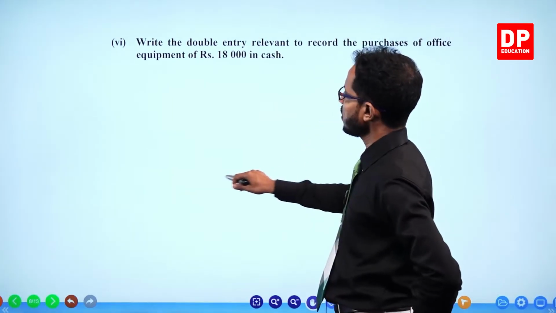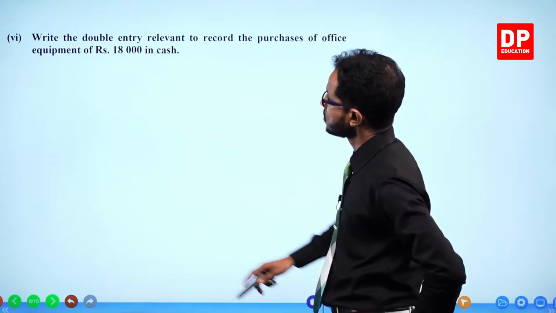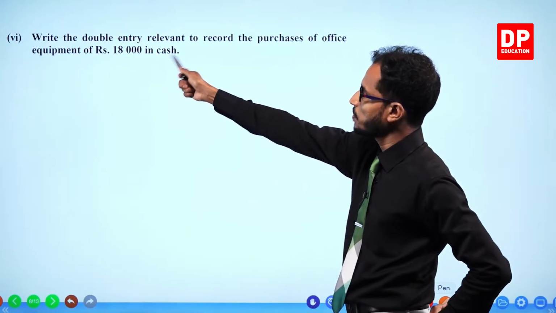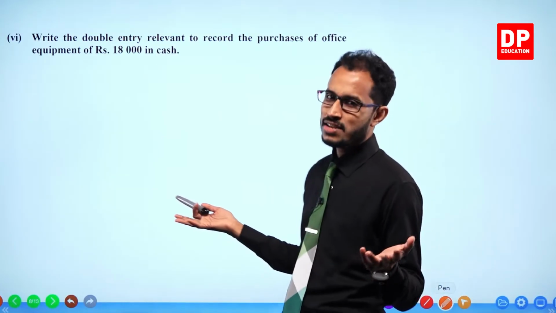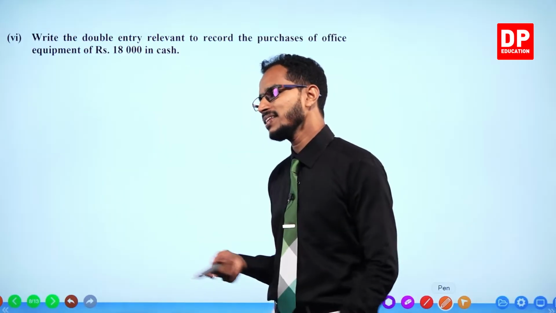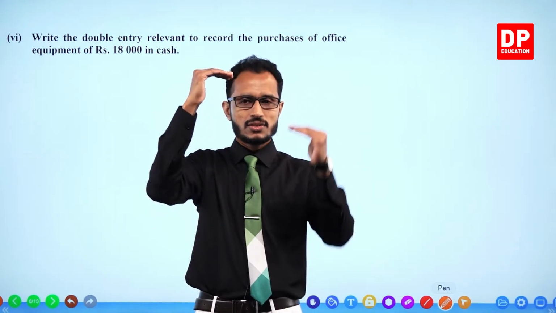What are they asking now? Write the double entry relevant to record purchasing of office equipment 18,000. Double entry, not the dual impact. Dual impact is where you write what is increasing and what is decreasing.